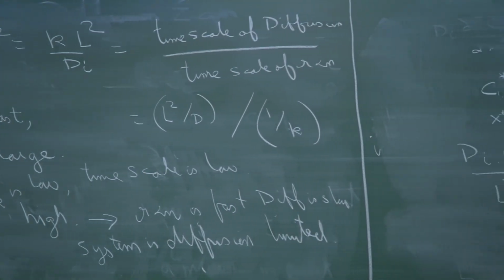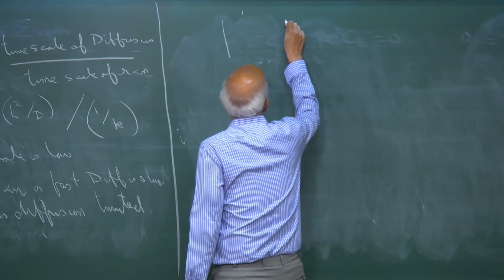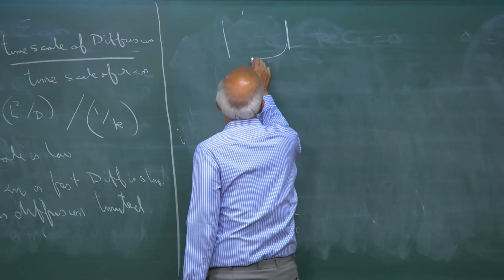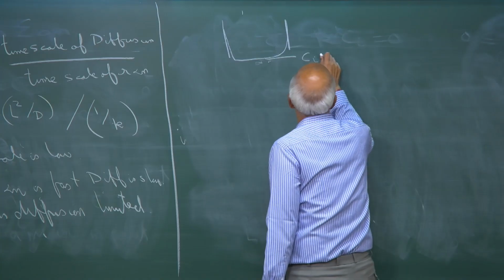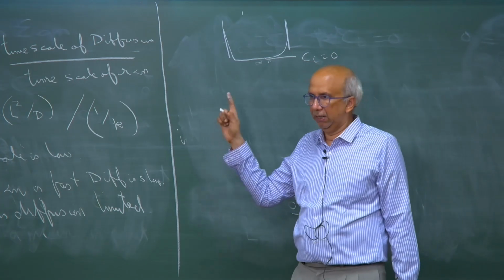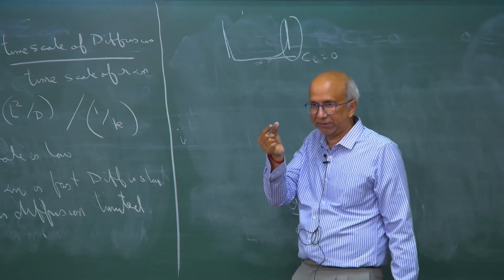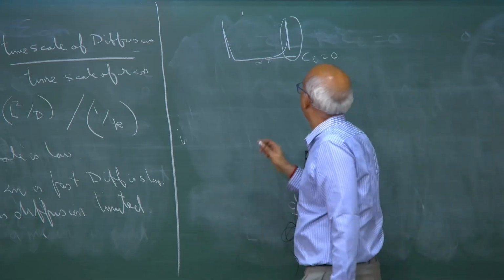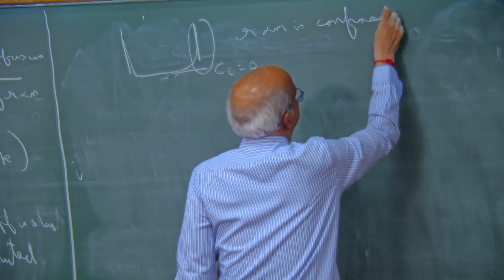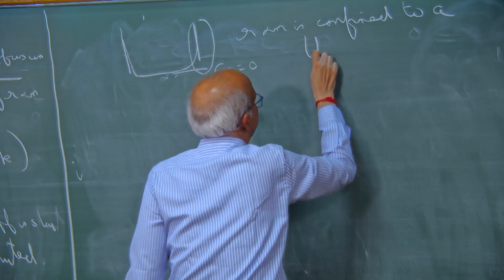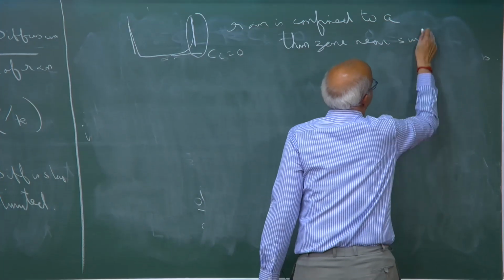What do I expect? If the diffusion is slow and reaction is fast, I am expecting my concentration profile will be like this, almost flat everywhere. So, this is concentration is 0. All the reaction, reaction is so fast, it takes place here. The reaction is confined to a thin zone near the boundary. Okay. Reaction is confined to a thin zone near the surface.